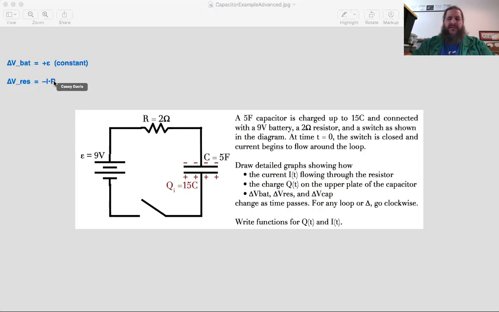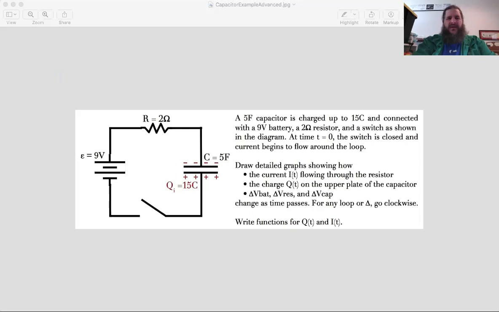Yeah, well, in this case, if you're multiplying by 5, it would actually stretch it out by a factor of 5. If you were multiplying by 1/5, it would compress it. But in general, a constant multiplier is just going to stretch or compress it in the vertical direction, but it keeps the same shape. So if you can find a graph of current, then the graph of delta V of the resistor will be the same shape, but just possibly stretched or compressed vertically, and also flipped upside down because of the negative.